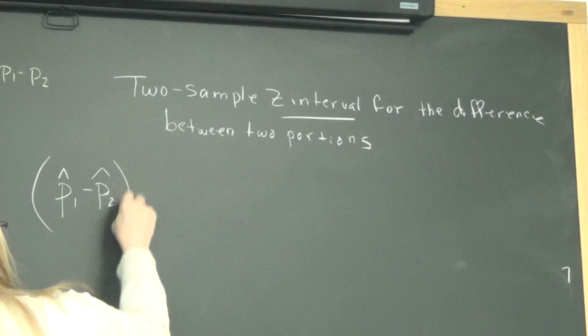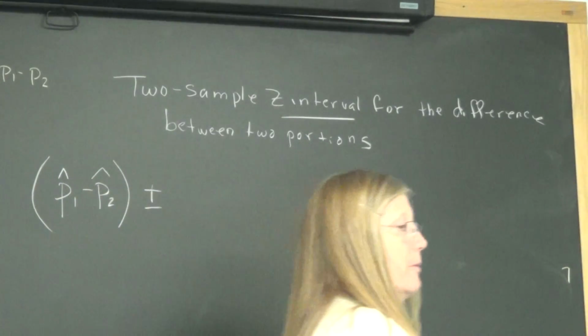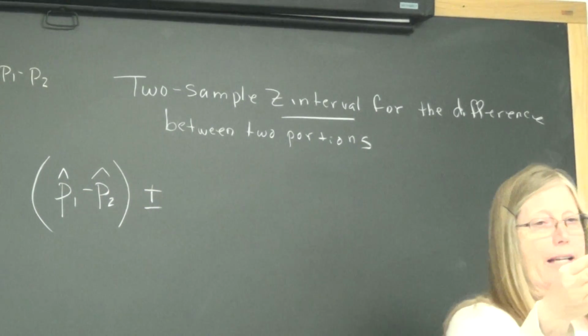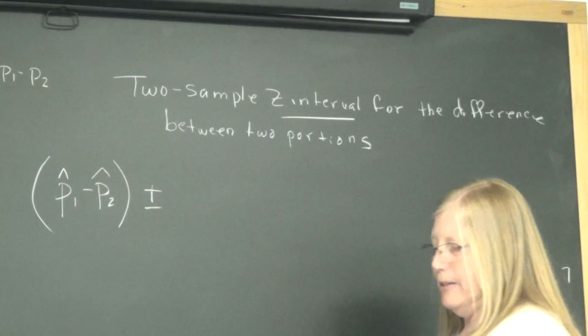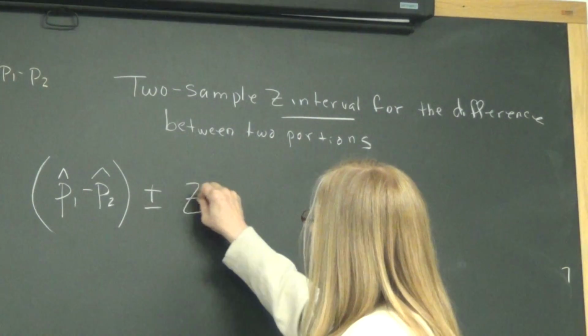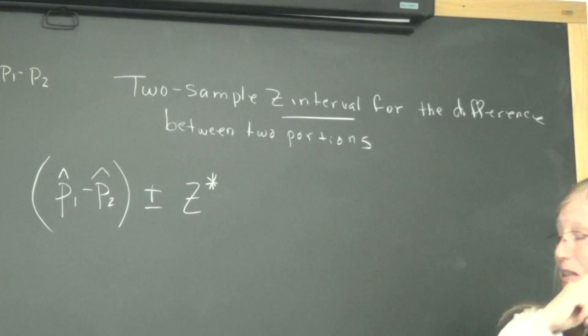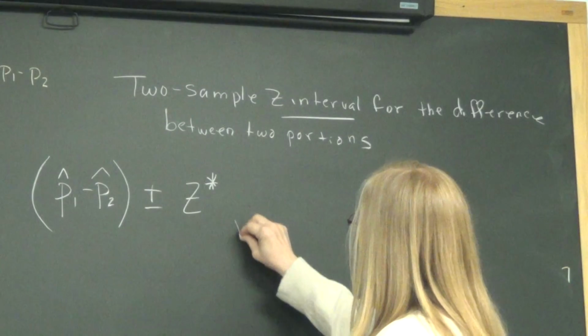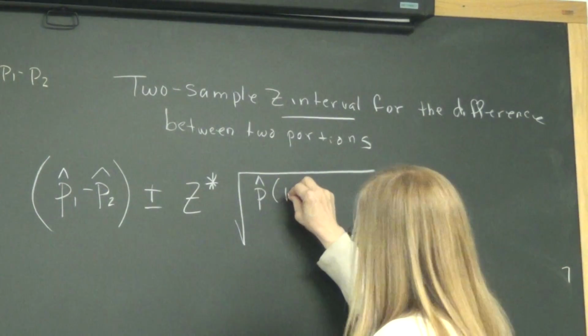That's a number. We're going to add, plus or minus. You know how confidence intervals work. We start from a value, a point estimate. We go up and we go back. So plus or minus. We're in proportion land, so that's a z-score, it's a z star, and then it's followed by p hat 1 times 1 minus p hat 1 over n1, plus p hat 2 times 1 minus p hat 2 over n2.